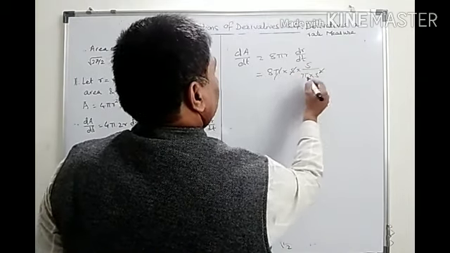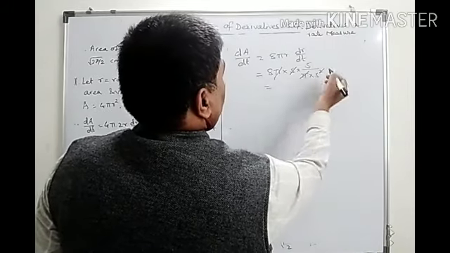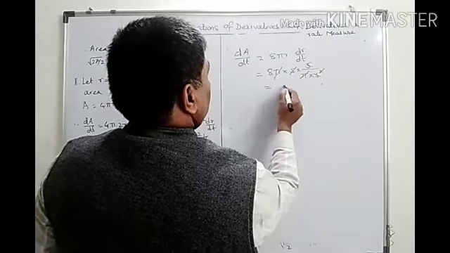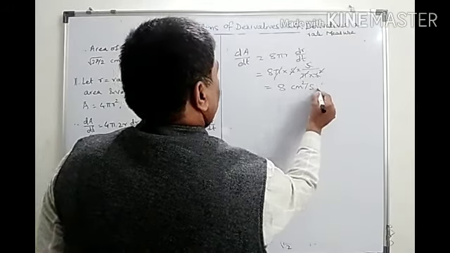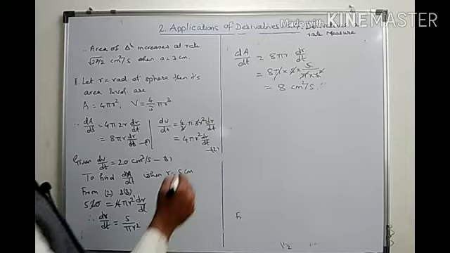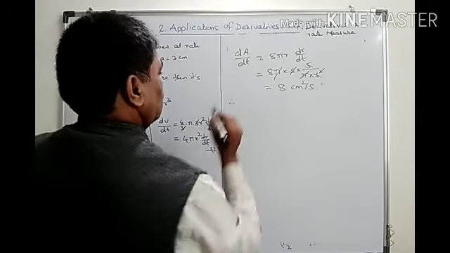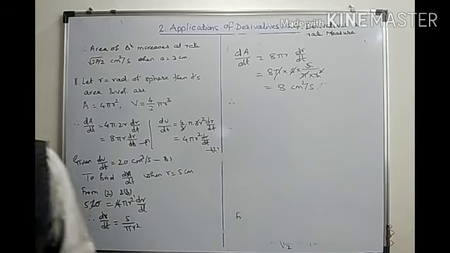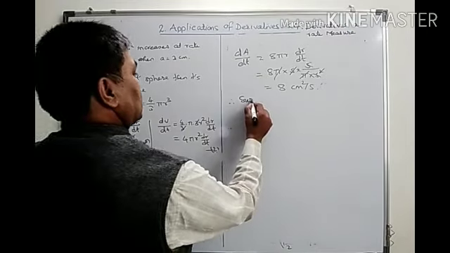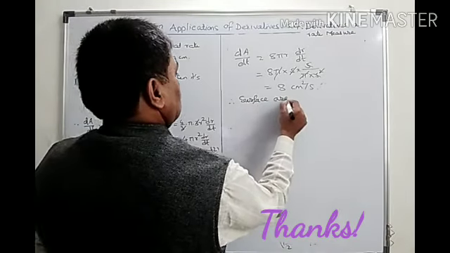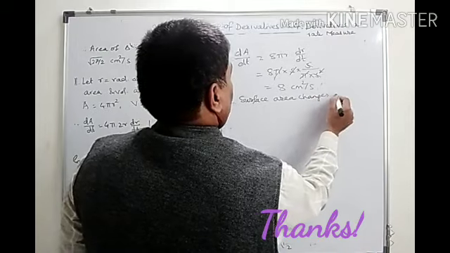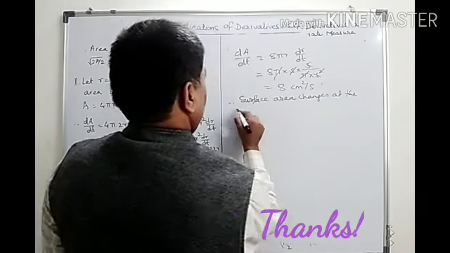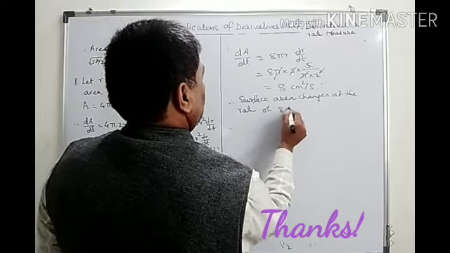This gets cancelled, pi gets cancelled. Okay, and the other 5 also gets cancelled. So it is 8 centimeter square per second. Therefore, what is our question? Okay, the surface area changes at the rate of 8 centimeter square per second.